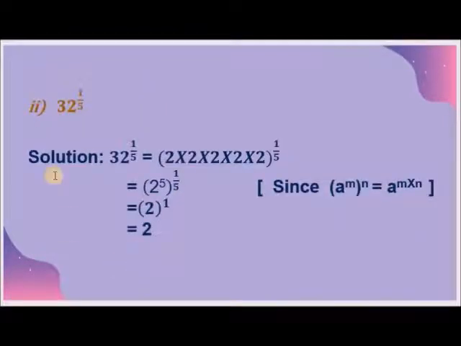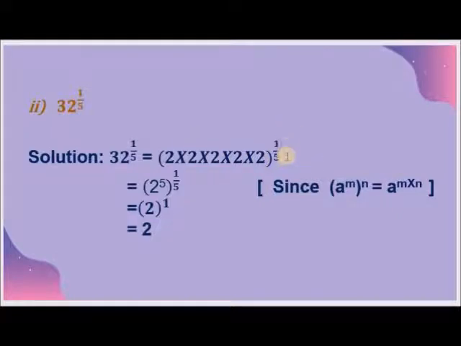Then next is 32 raised to the power 1 by 5. So again 32 we will try to write such that within the bracket something to the power 5 will come. So we can write it as 2 multiply 2 multiply 2 multiply 2 multiply 2. 2 twos are 4, 4 twos are 8, 8 twos are 16, 16 twos are 32.